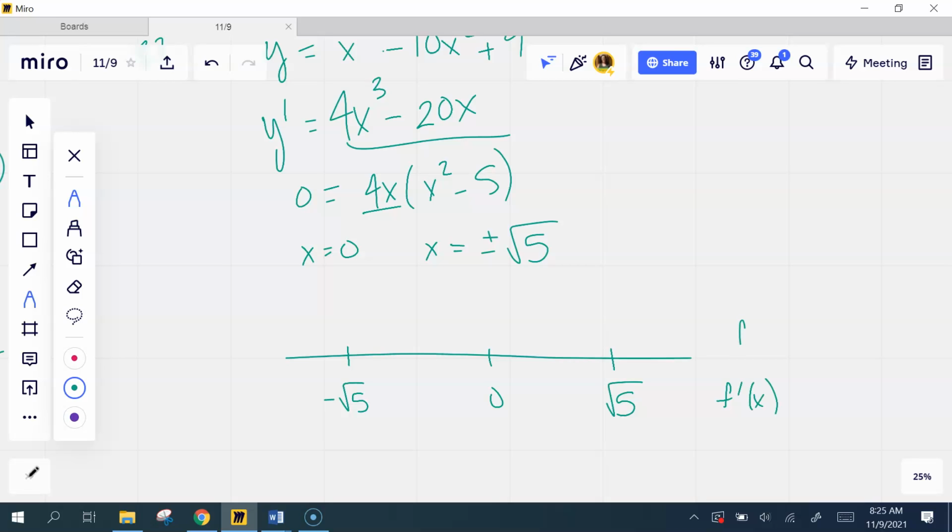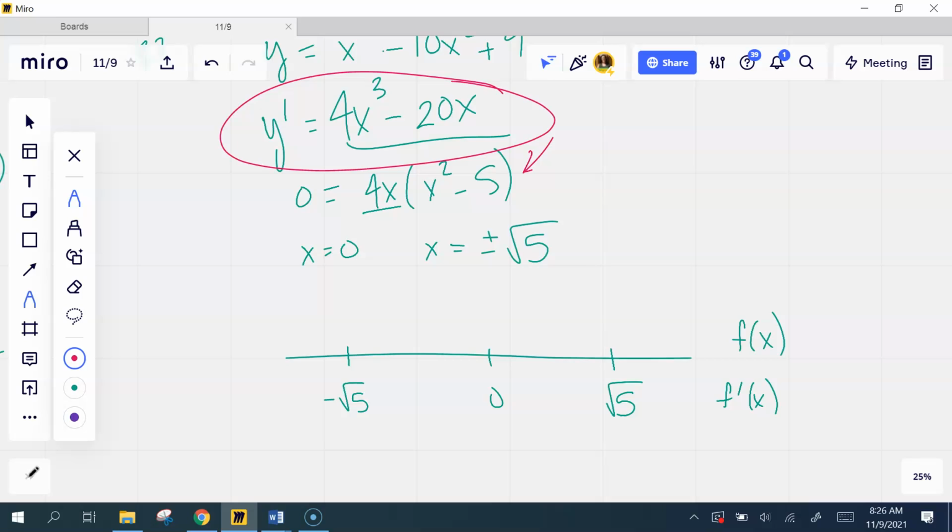Remember, I am going to check the sign of the derivative to tell what the function itself is doing, right, guys? Yes, ma'am. I'm going to pick a test point and plug into the derivative. I can plug in here or here, it doesn't matter.